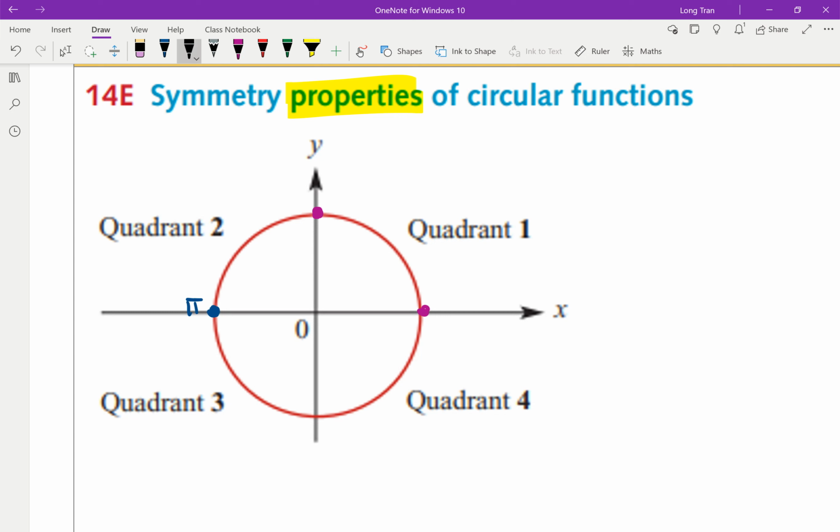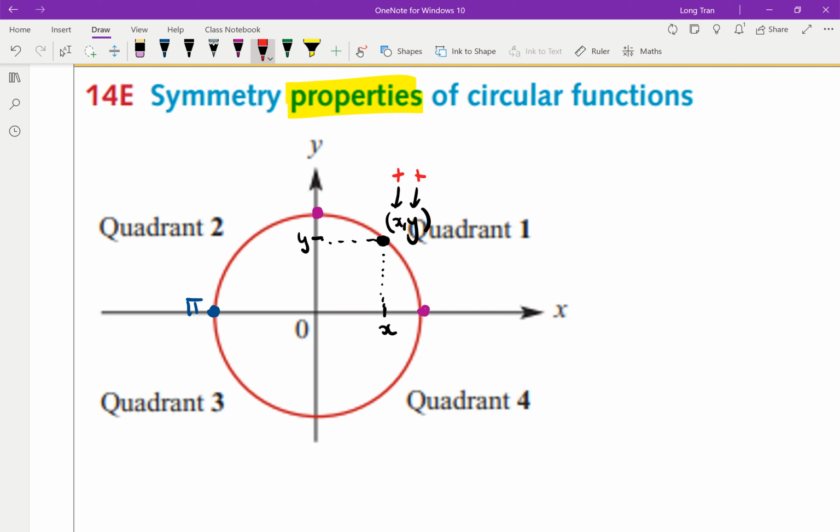So let's have a look at a point. I'm going to choose a point over here. That's a point x, y on the Cartesian plane. At this x value and this y value, is the x and the y positive or negative? What you should notice is that x is positive in this region and the y value is also positive.